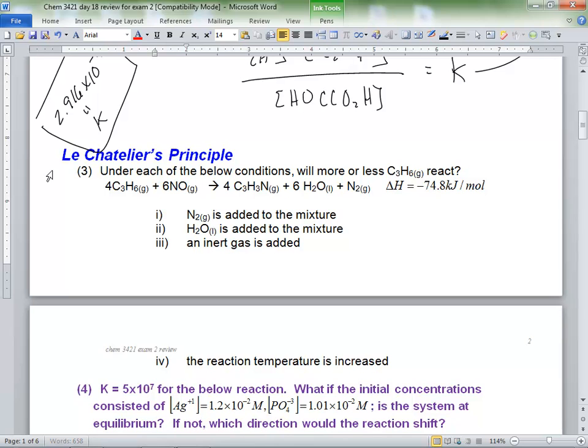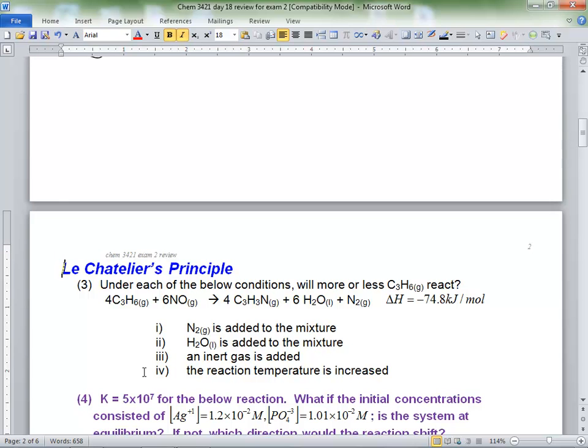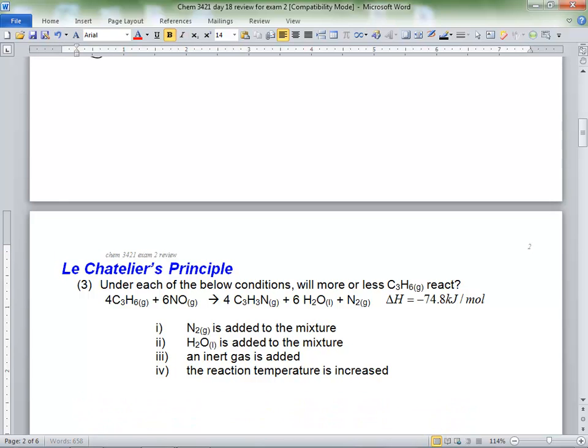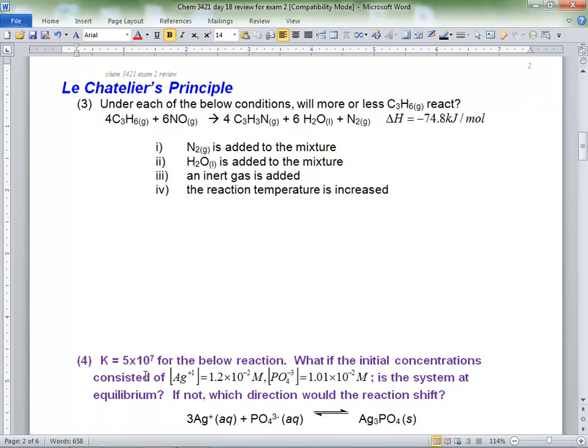Okay, this one's Le Chatelier's principle. Put your answers next to these. Will more or less C3H6 react? Under each of those conditions, you're at equilibrium, and then they mess it up.